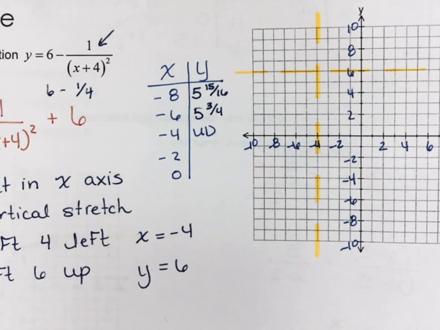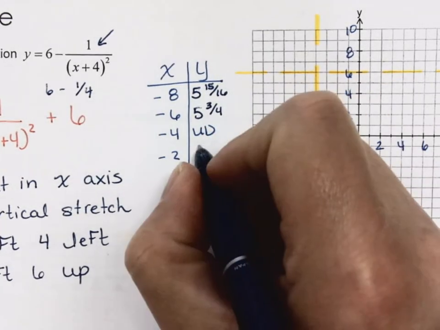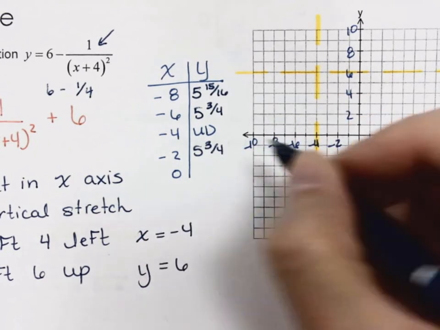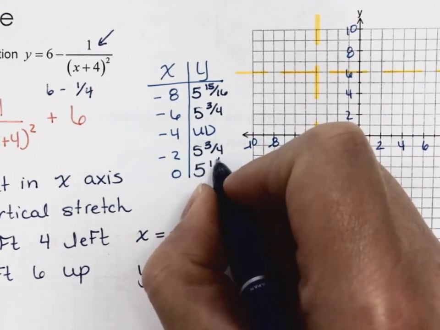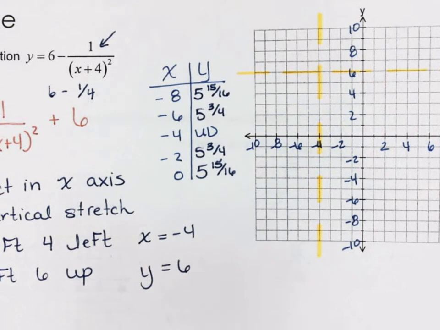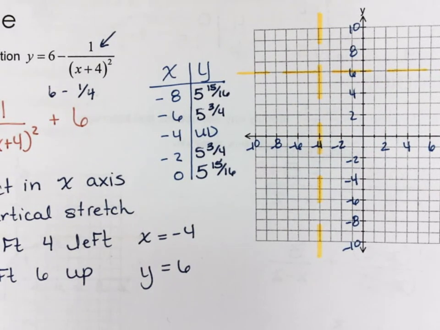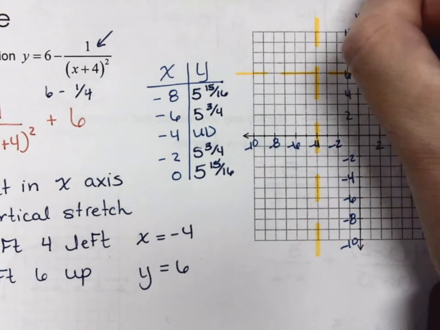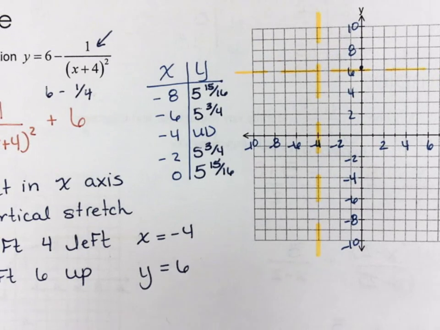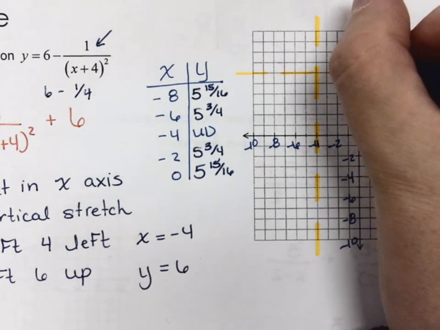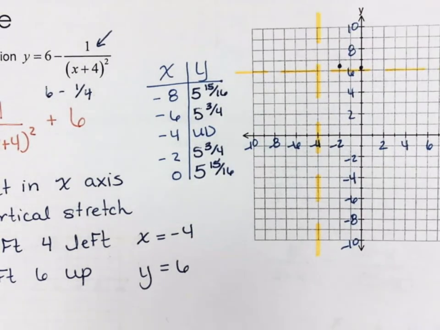What makes the rational graphs also? Symmetry. So if I put -2 in there, I'm at 5 3/4 again. And if I put 0 in there, 15 over 16. So what does that mean? I'm really, really close to 6, but I'm not touching it. So this point's going to be really, really close to the line.